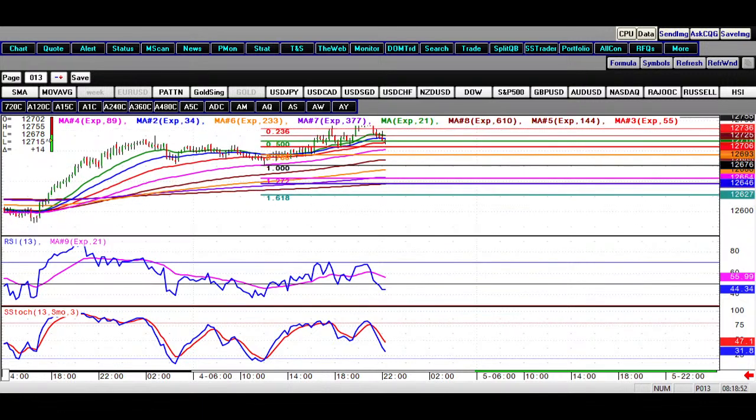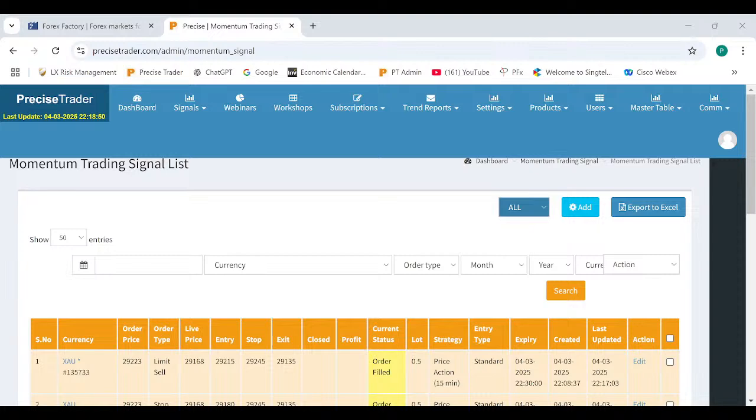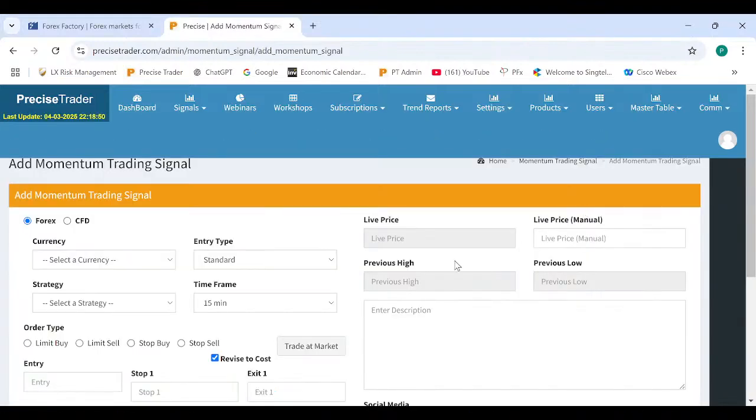We'll try to sell at 35. This is going to be pound, selling at 127.35, stop at 65, and TP we can comfortably put at 2650.